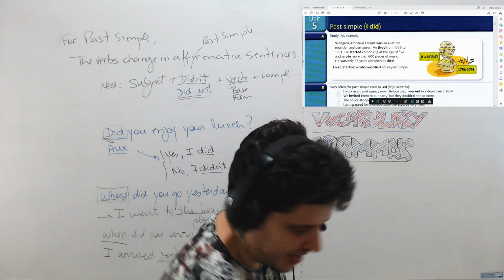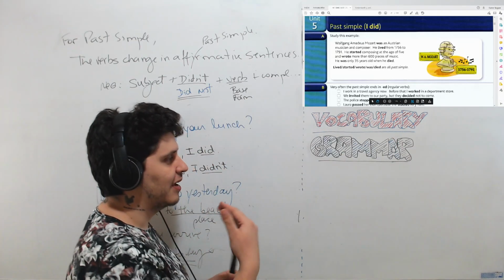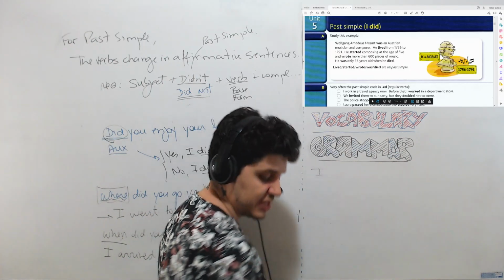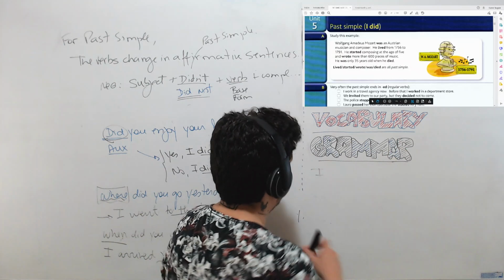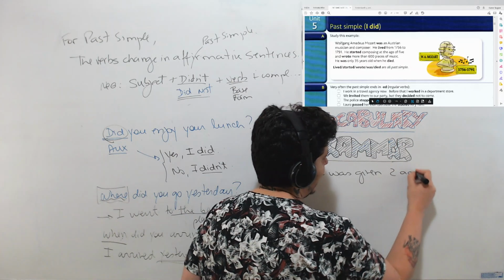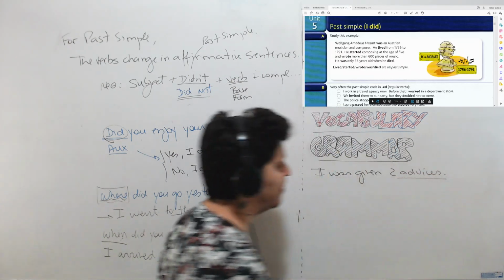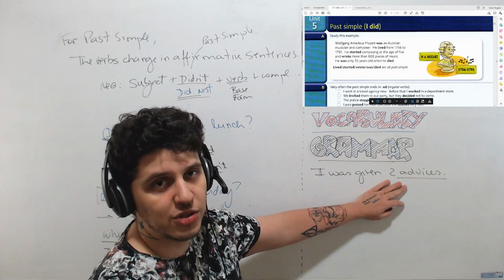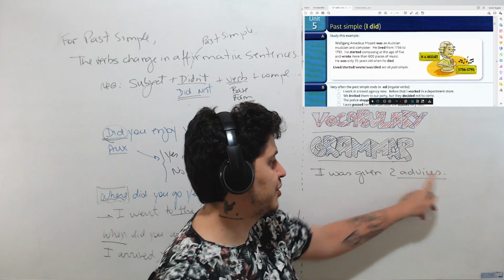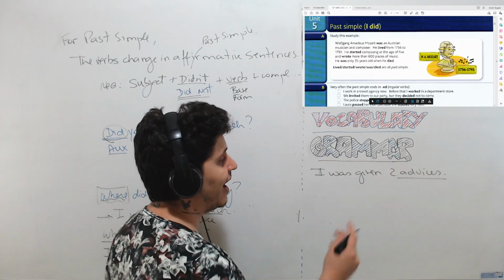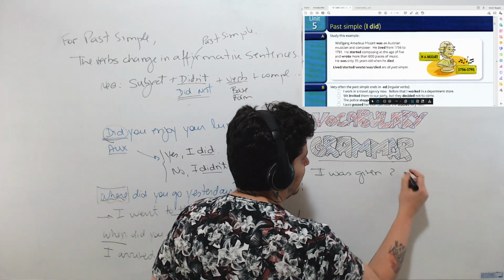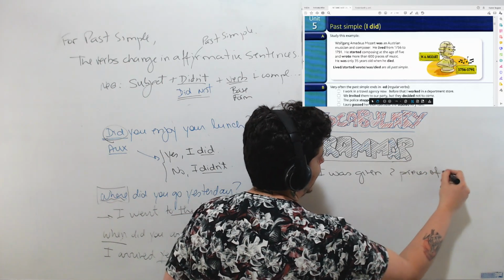For example, when you want to say, eu ganhei ou eu recebi 2 conselhos. So you could say, I was given 2 advices. So your first thought may jump to this conclusion, but this is wrong because advice is uncountable, so it cannot be in the plural. So if it cannot be in the plural, this is just wrong. So how can we change this? By using pieces of. So 2 pieces of advice.